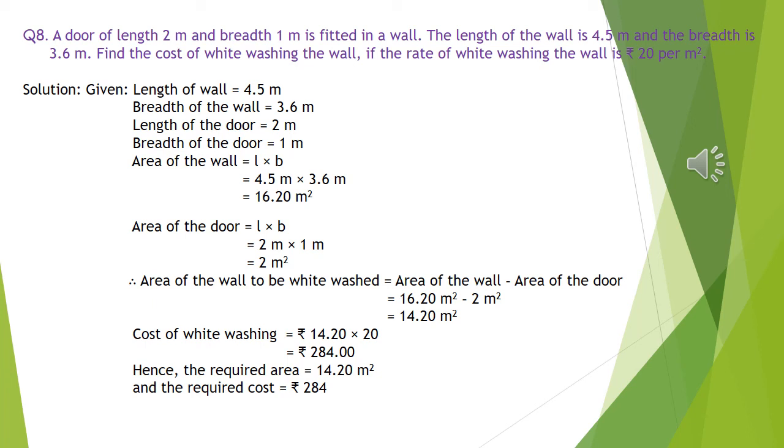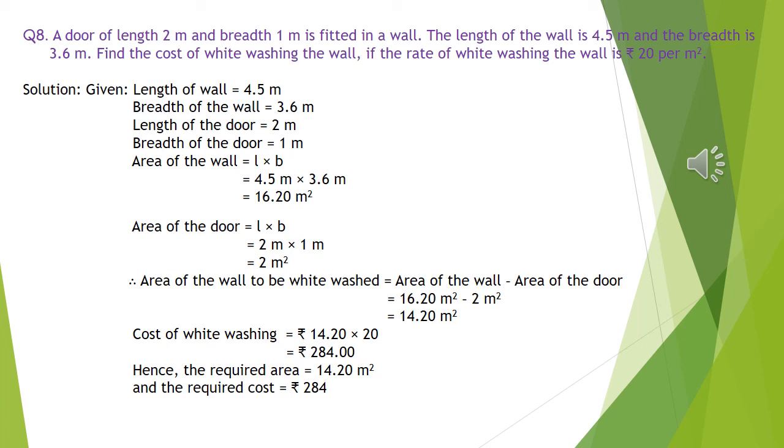Now the length of the door is 2 meter, breadth of the door is 1 meter. So the area of the door is found by the same formula L into B, that means 2 into 1, that is 2 meter square. Now whitewashing is to be done only on the wall. So we have to subtract the area of the door from it. So total area of the wall minus area of the door, 16.2 minus 2, that is 14.2 meter square.